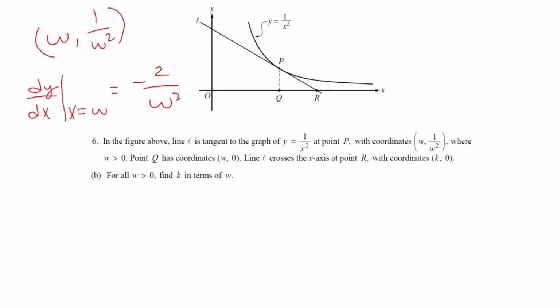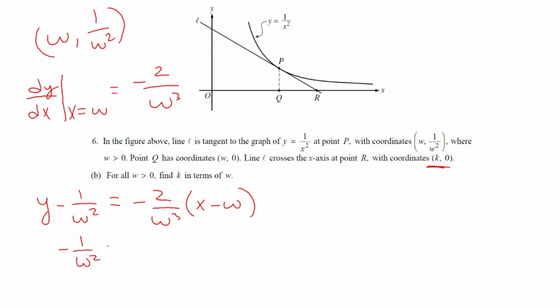So our tangent line equation here is y minus 1 over w squared is equal to -2 over w cubed times x minus w. And we want to find k again. So we're going to plug in k for our x and 0 for our y. So we'll have negative 1 over w squared equals negative 2 over w cubed times k minus w. And we'll just solve for k.